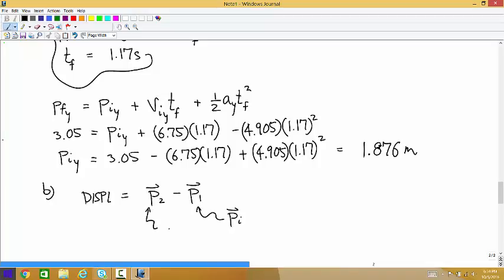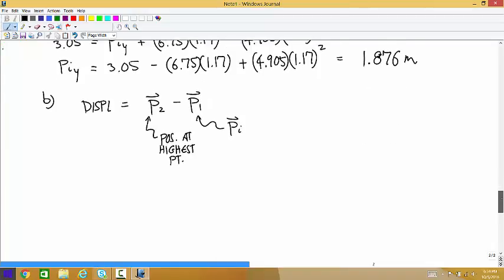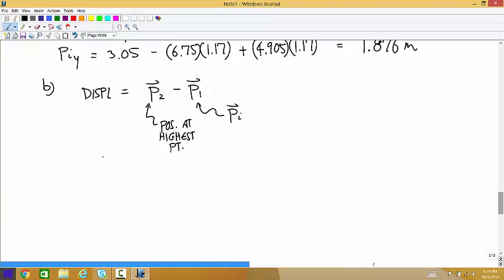This one is the position at the highest point. And we don't know that yet, so we have to find that. So this we have. This is what we need.